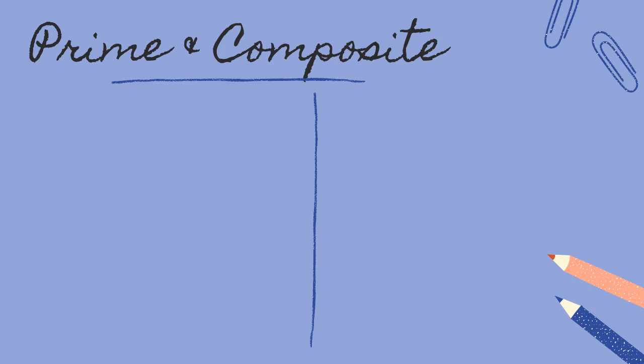So what are prime and what are composite numbers? Let's just quickly recap our lesson from last week. Prime is, for example, say I'll choose number 2. As simple as that, 2.